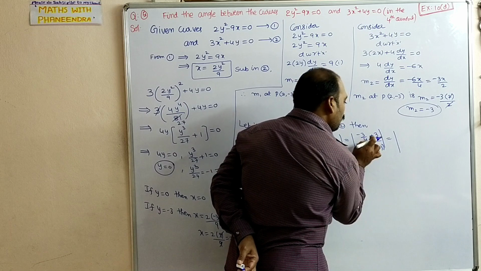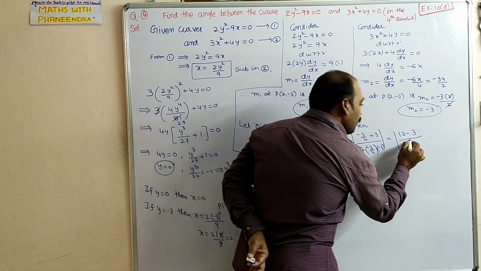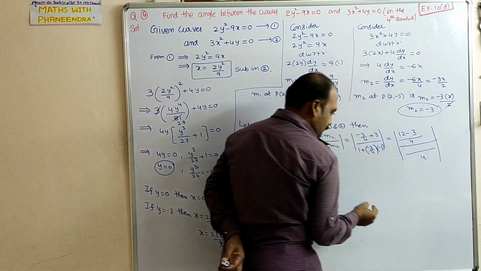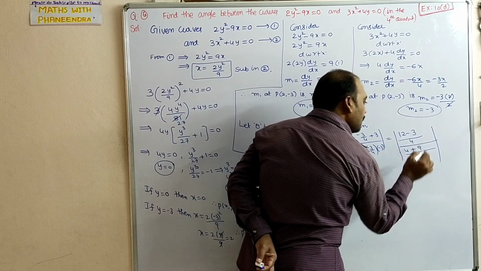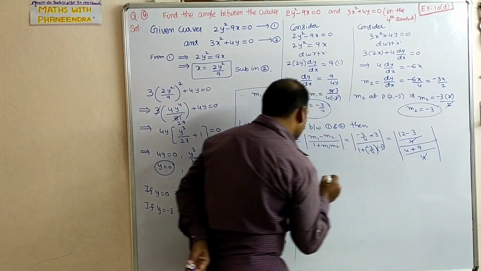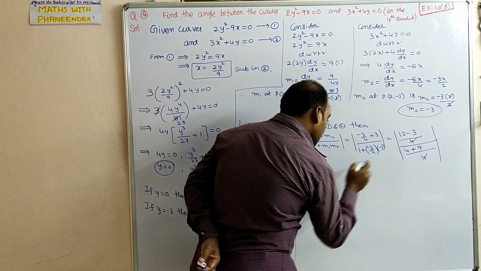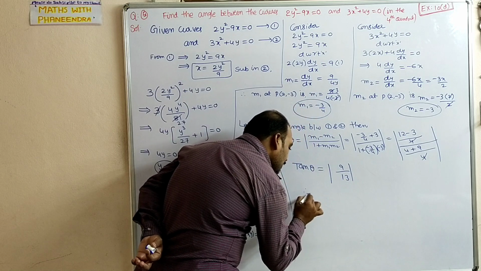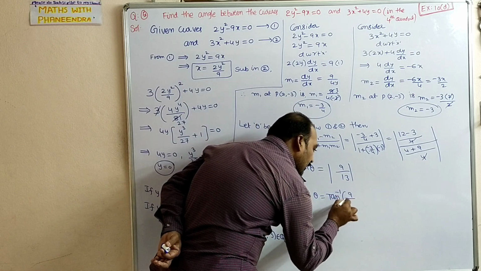Which is equal to 12 minus 3 divided by 4, whole divided by 4 is the LCM. Minus into minus is plus 9. The 4s get cancelled, so tan theta equal to mod 12 minus 3 is 9 divided by 9 plus 4 is 13. So therefore theta equal to tan inverse of 9 by 13.